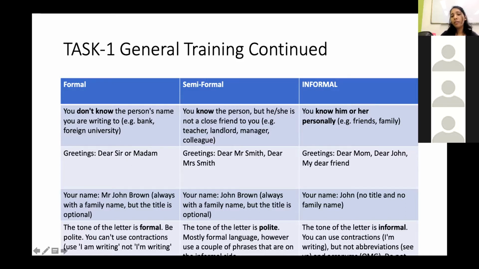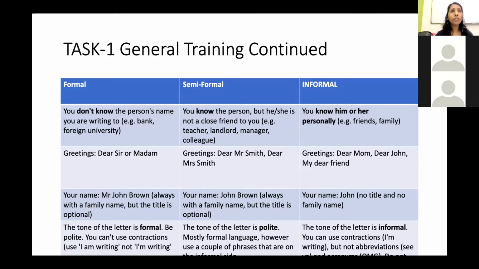Then the second kind of letter is a semi-formal letter, where you're writing to a person that you know of, but in a professional setting. It could be a letter to your manager, or your landlord, or someone that you know of, but in a professional setting.